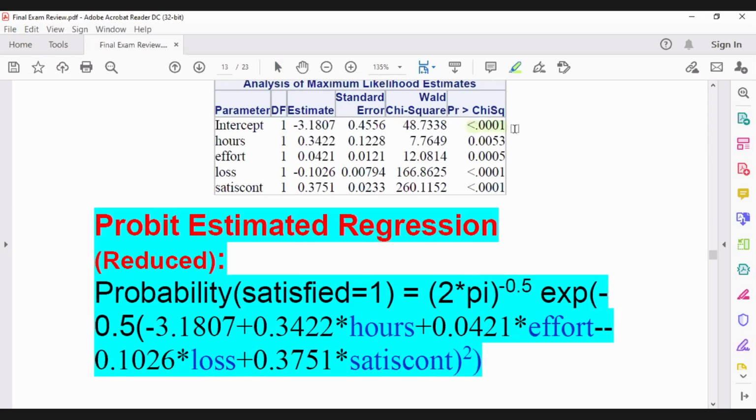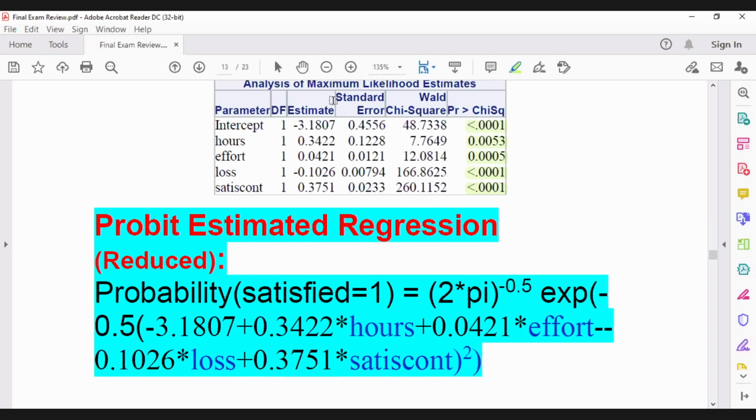Intercept is significant. B1, coefficient of hours, significant. Coefficient of effort, significant. Coefficient of loss, significant. And the coefficient of satisfaction is also significant, as the respective p-values are smaller compared to the 5% significance level.